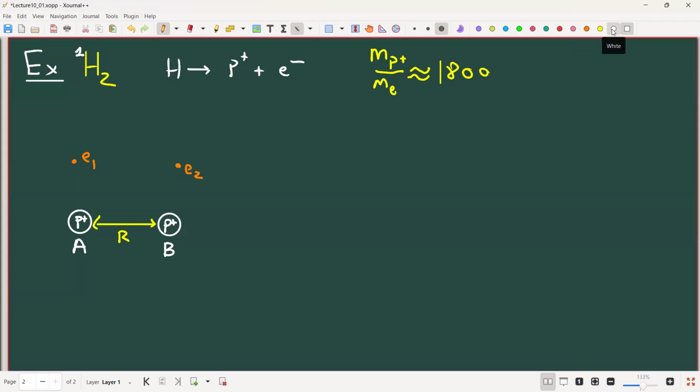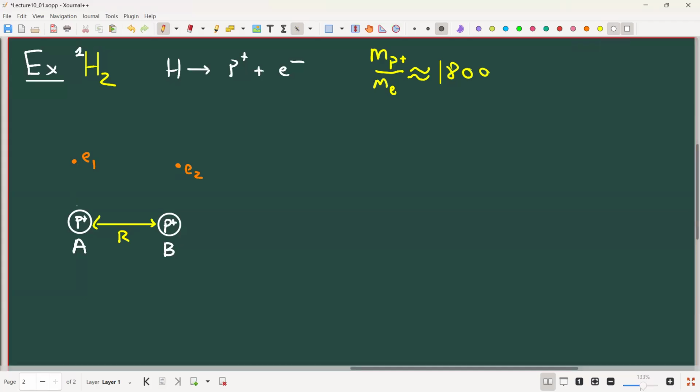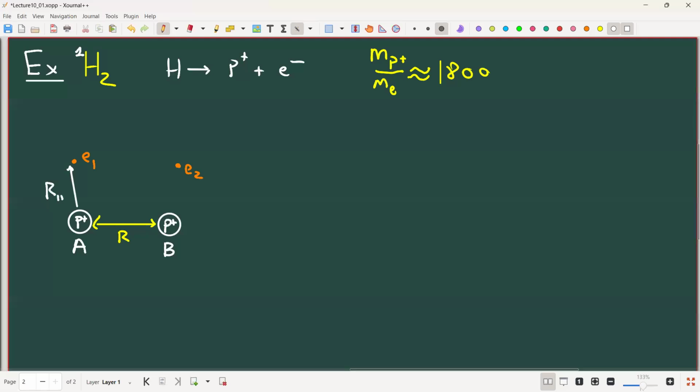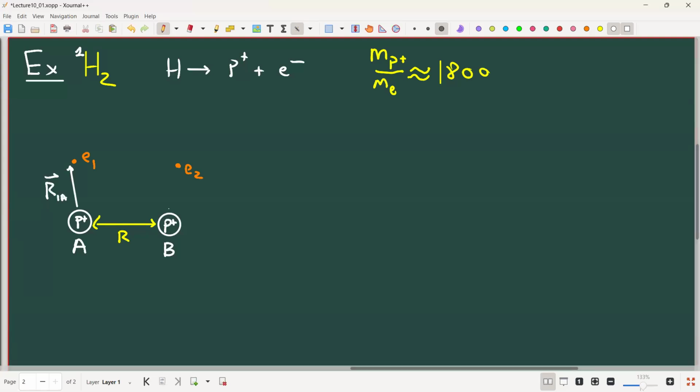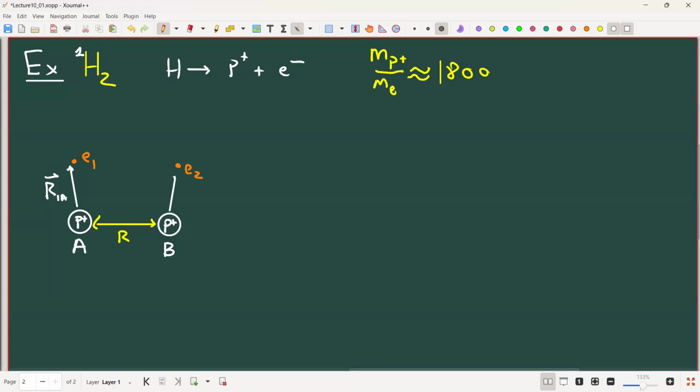So let's draw some vectors, just kind of define our coordinates. We have a vector that points to A to the electron 1. We'll call that R1A. We have R2B. We also have the cross ones.